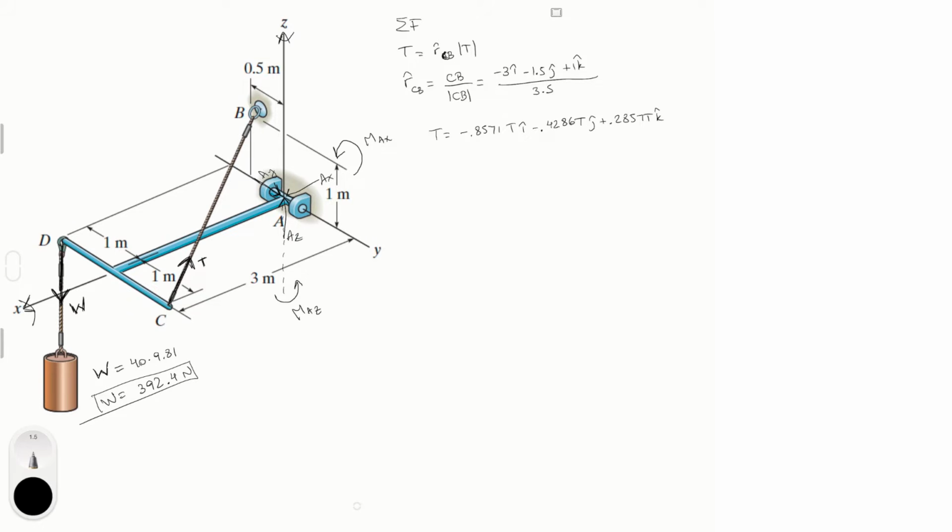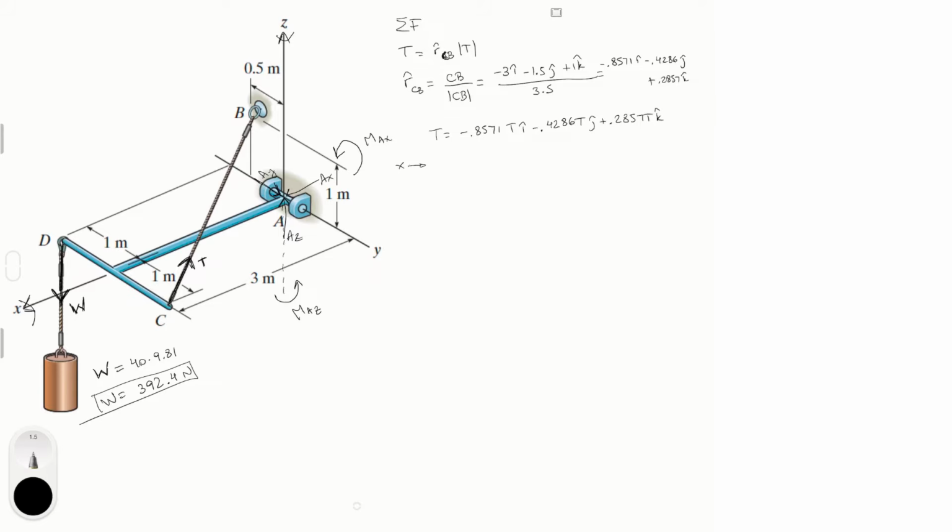The unit vector, I'm just gonna write it here so I don't get a lot of haters like sometimes I do when I skip steps. Minus 0.8571 in the i, minus 0.4286 in the j, plus 0.2857 in the k. And then you multiply that unit vector times T, and you get basically the Cartesian vector form of T. Now this allows you to do the sum of the forces in the X and the Y and the Z.